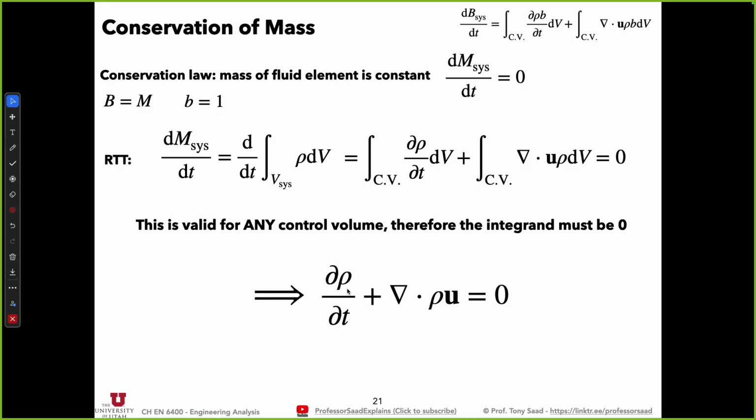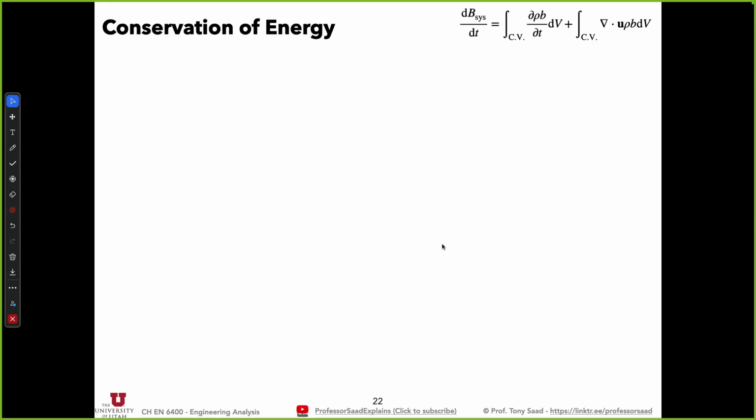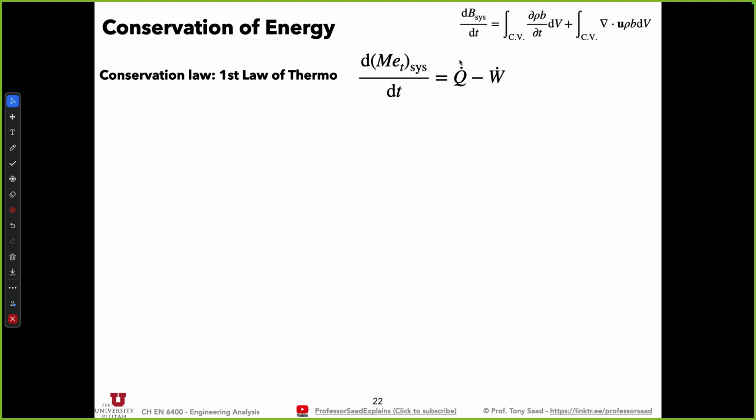Okay? Next, we're going to go after the energy equation because it's a little easier, because I'm not going to do the right-hand side. The first law of thermodynamics says that the rate of change of the total energy in the system, so you're taking just a clump of gas and tracking its energy, is equal to the rate of heat minus the rate of work done on the system.